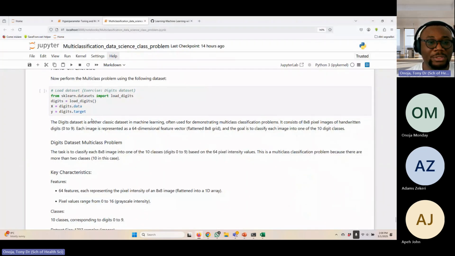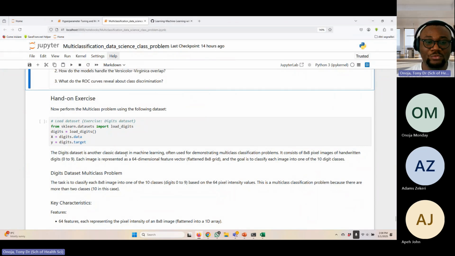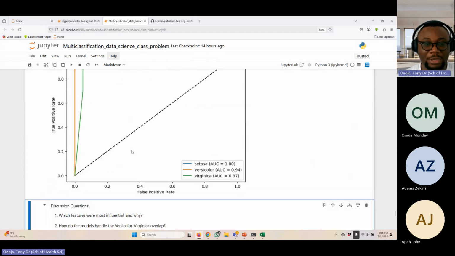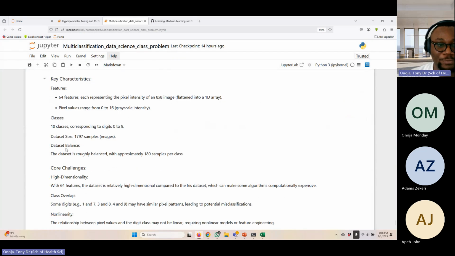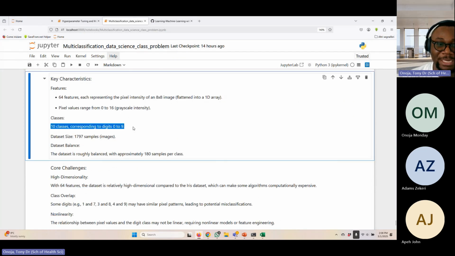Then again, you will do the same thing that we did. However, in this case, you will take note of the fact that we now have 10 classes, not 3. So the complexity has increased, and the size of the dataset is now 1,797 samples, so it's bigger compared to the 150 samples we used.